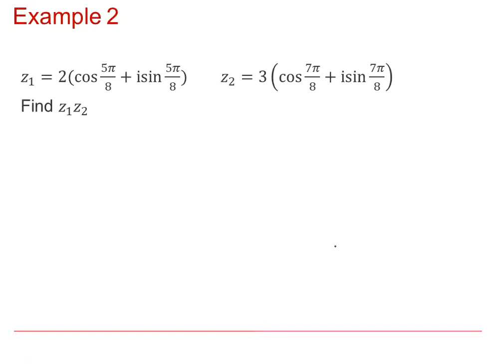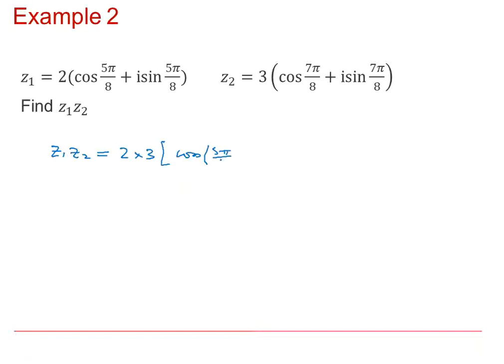Here in example 2, again, we've been given z1 and z2 in modulus argument form, and we're looking to multiply them together. This time I'm going to do it in one calculation. Now we know the process. So z1 z2 is what I'm looking for. So to find the modulus, I multiply the moduli together, so that's 2 times 3. Then it's the cosine of, we need to add the arguments together.